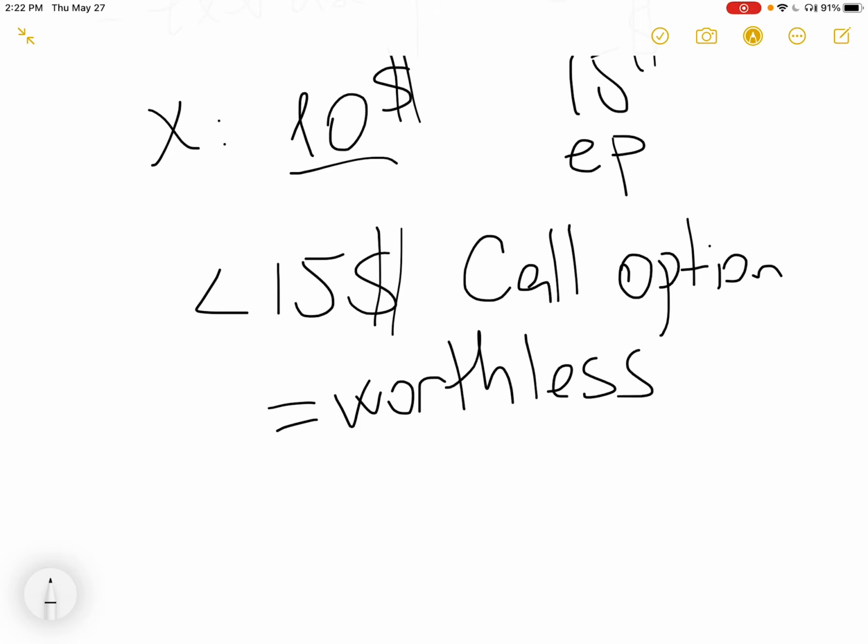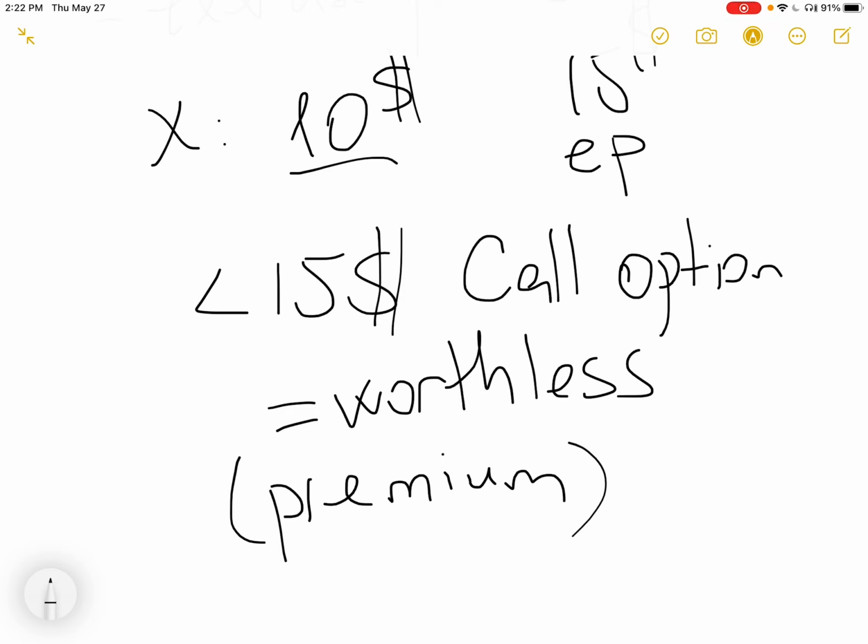The reason is you had an exercise price of 15, so unless it passes that, you're not able to even exercise it. And if it's less than that, it's obviously worthless, so you don't even have the option to exercise. So it expires worthless, and you are left with the premium that you paid for it, which is now gone.